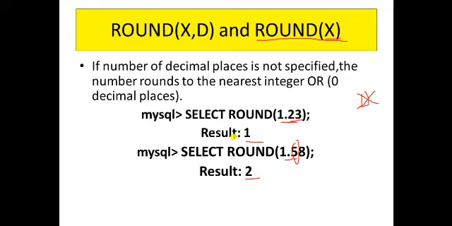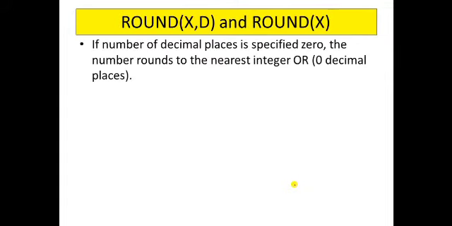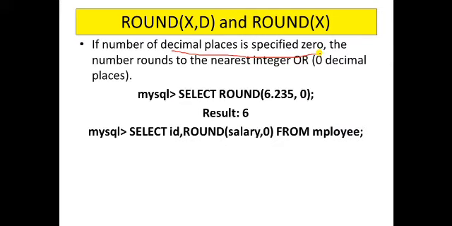Now let us see the next thing. 1.43, again 1, because this is less than 5. If the decimal places is specified as 0, then also it will round off to the nearest integer value.